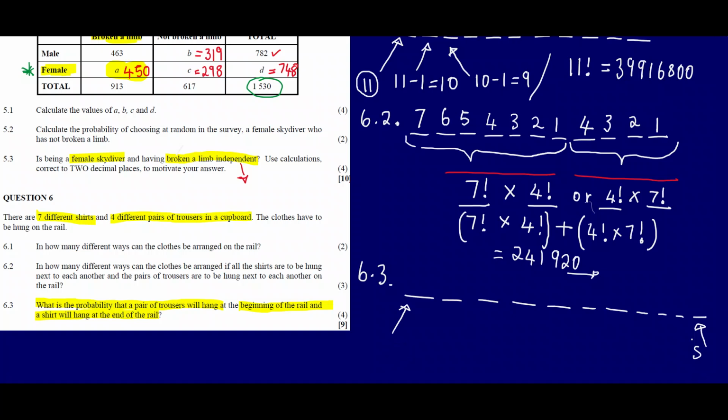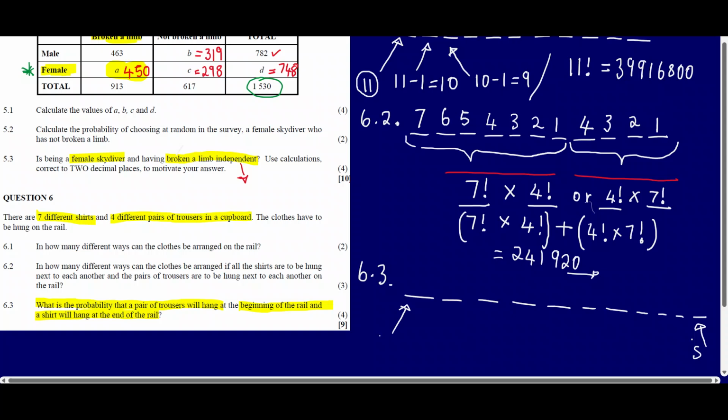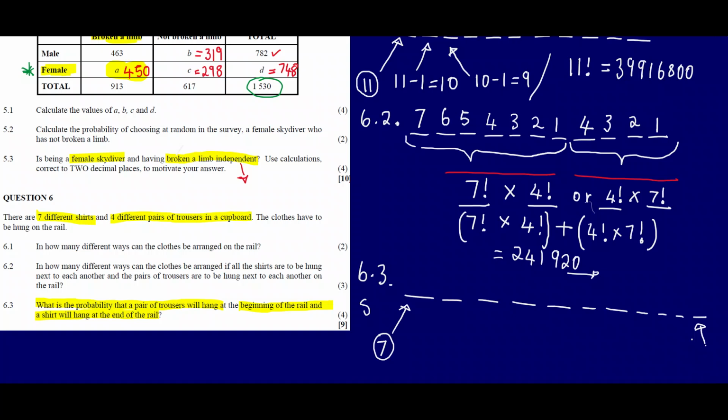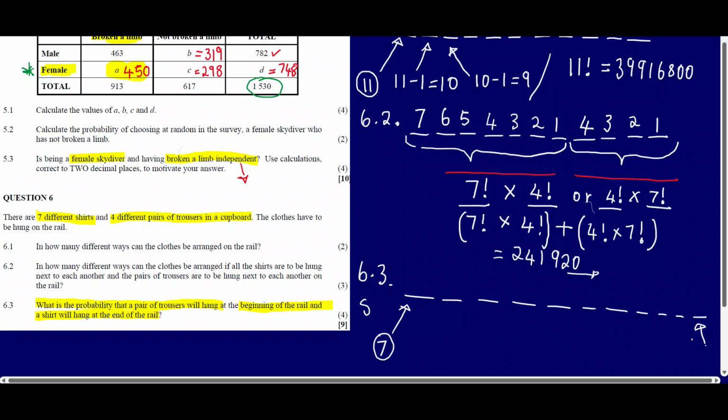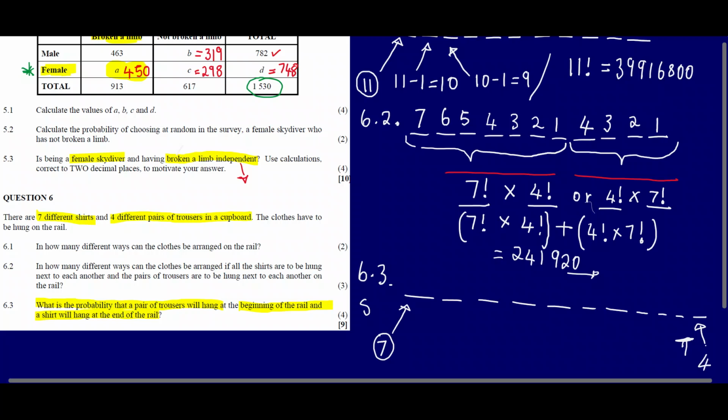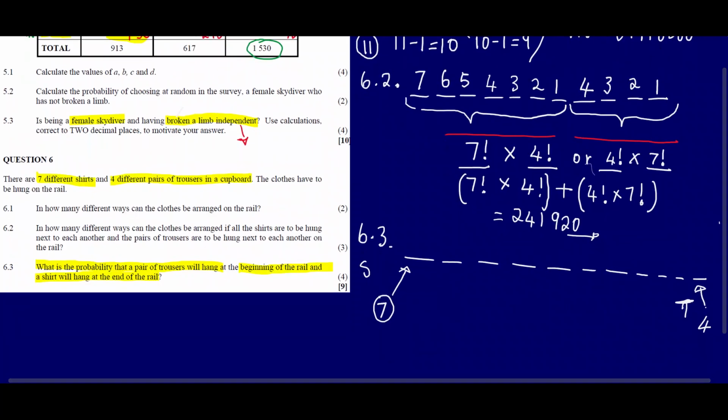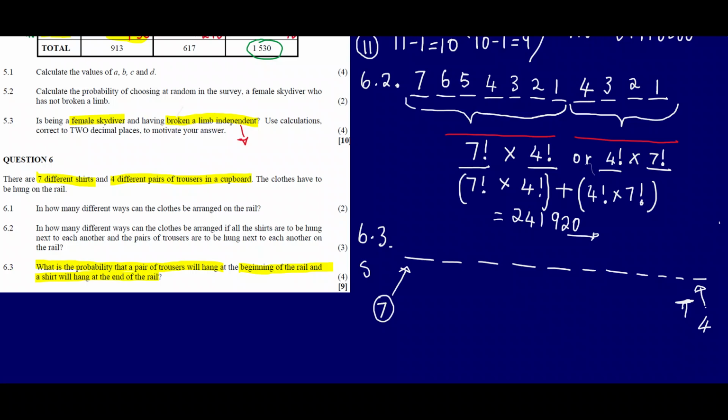No, sorry about that. Let's quickly go back and take a look at that. We've got 7 shirts, right? Sorry about that. So it's 7 shirts. So the shirts, the number is 7. And then the trousers here, we have got 4 of them, right?